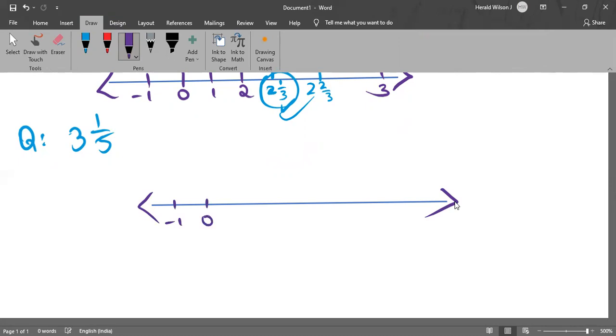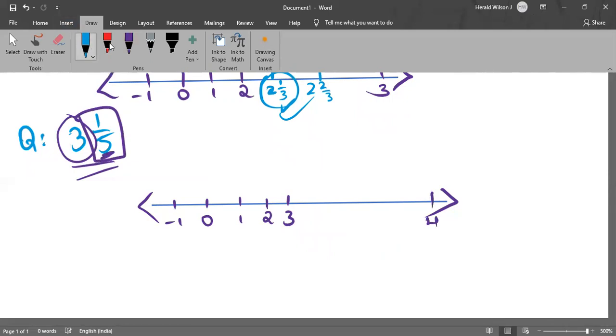Minus 1, 0, 1, 2, and I told you, how do we know where this is coming on the number line? Look at this number. So that means after 3 it will come. So 3, and of course our denominator of this fraction tells us that there are going to be 5 divisions. So I'll solve this in a different ink for you. This will be 3 1 by 5.